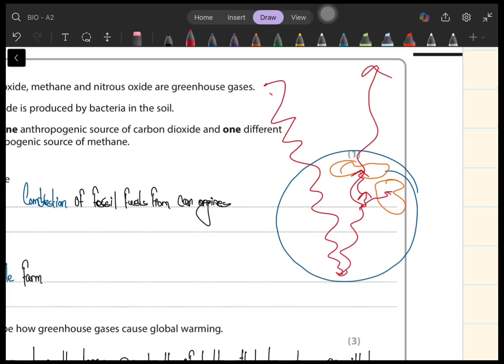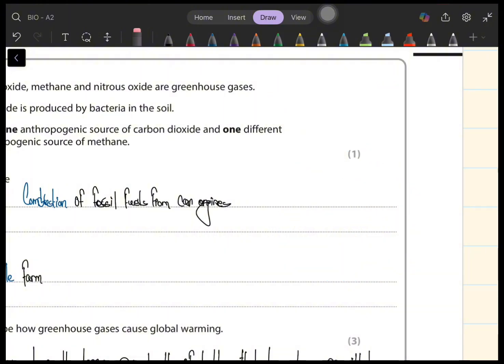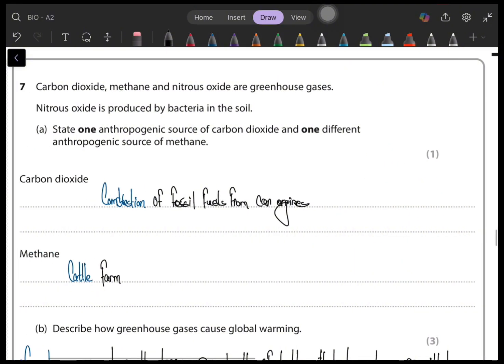The gases trap the heat, and as a result the surface temperature rises. Clear? As the gases trap the heat that has been re-radiated from the surface of the earth, it causes the temperature of the surface to increase, because the heat cannot escape the atmosphere.